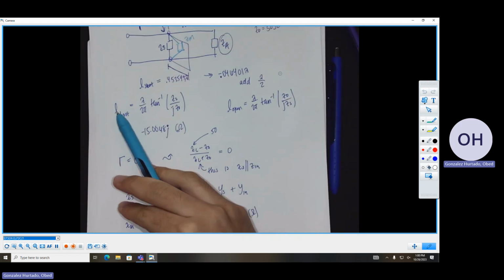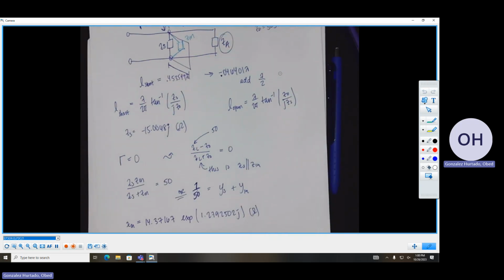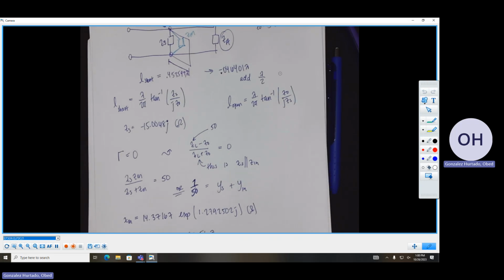And this is the manipulation of this one, where you end up finding L, given ZL being either an open or a short.